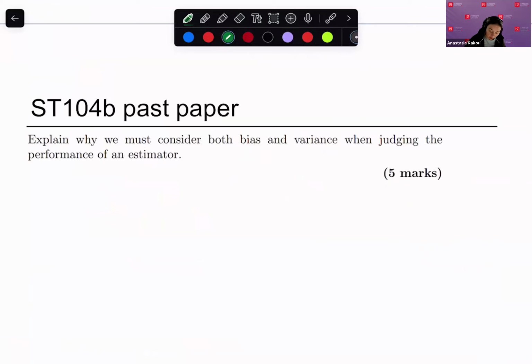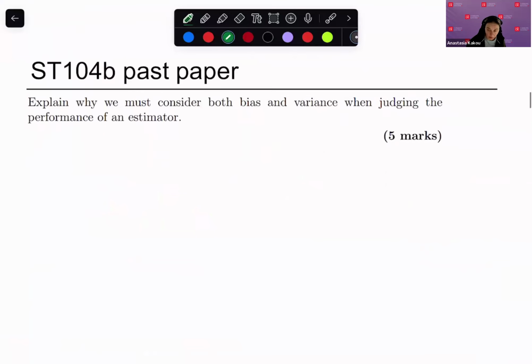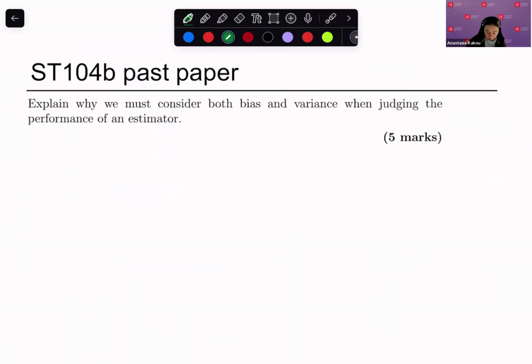The next one is about the property of estimators. And here is an open-ended question: explain why we must use both the bias and the variance when we're judging estimators. So when you have this open-ended question, define the parameters that you're using.